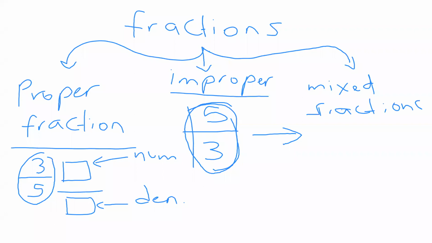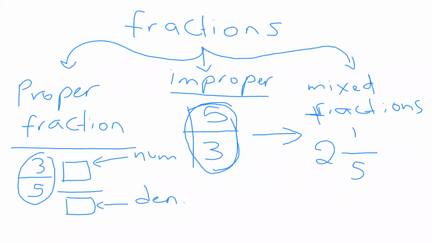Mixed means that I'm mixing two types of numbers. A mixed fraction is formed from a whole number, for example 2, and a proper fraction, for example 1/5. Again, 3 types of fractions we have: proper, improper, and mixed.